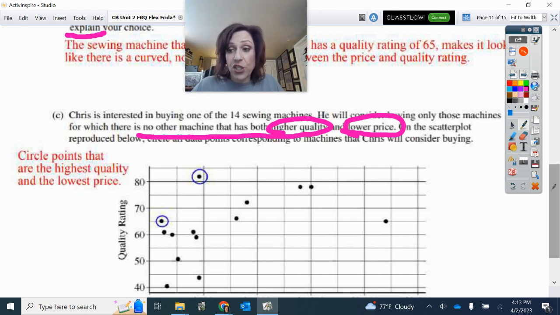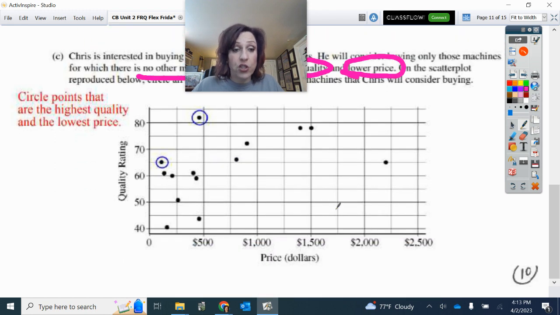So you need to have those 2 circled. Here's the lowest price one, and then the one with the highest quality at that price. Those are the 2 that meet the criteria of the highest quality and the lower price.